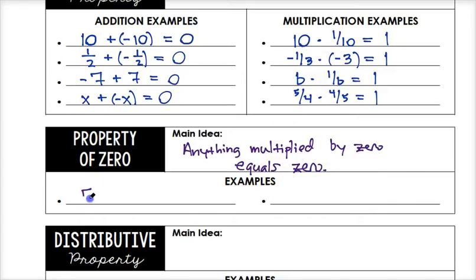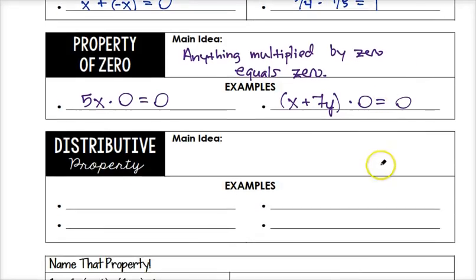If I take 5x and I multiply that by 0, my answer is 0. If I take the quantity x plus 7y and I multiply this by 0, it doesn't matter what x is, it doesn't matter what y is, my answer is 0. So that's the property of 0, or sometimes we'll even call that the zero product property. Anything times 0 is 0.